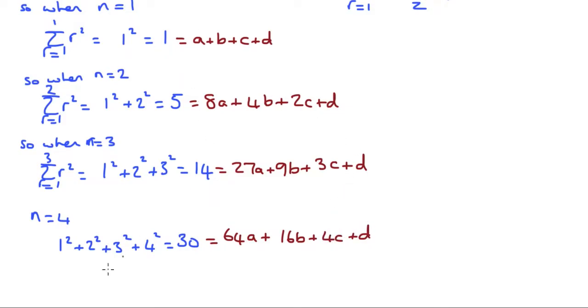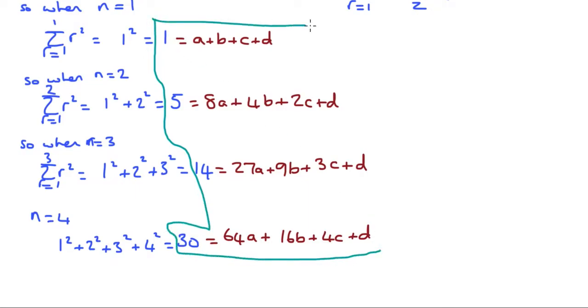If you look here, we've created four equations for 4 unknowns. That's why I've done it 4 times. We've got 4 equations, 4 unknowns, and we can solve these equations. We've got a set of simultaneous equations.